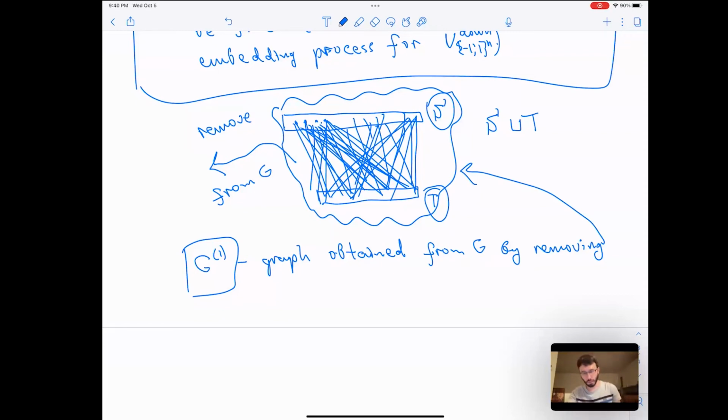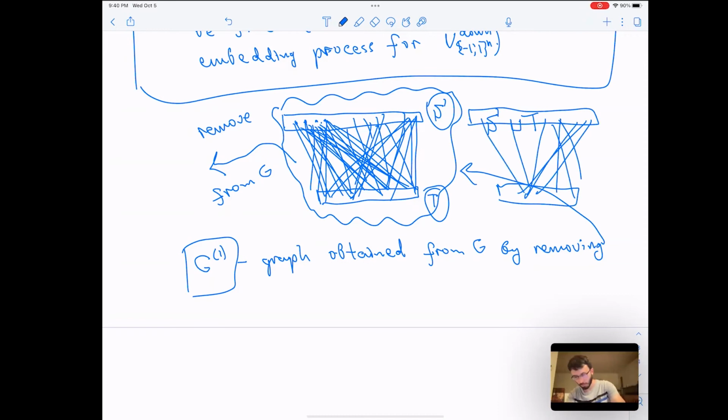If we have the same situation as here, we get a second bipartite subgraph like this. So then we continue the process.